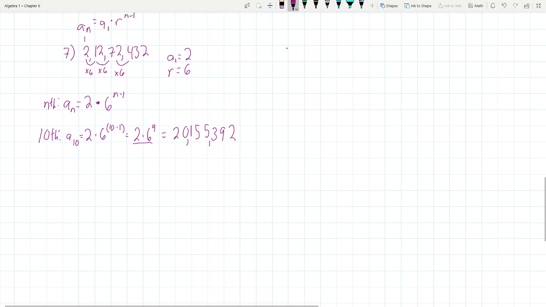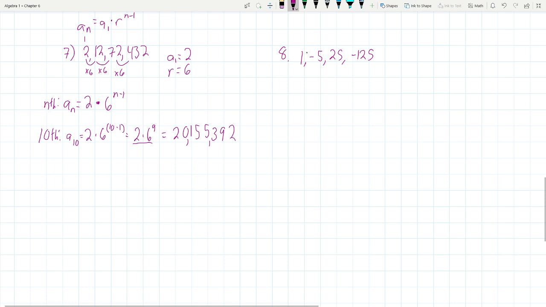All right, number 8. So if I go 1, -5, 25, and -125. We talked about this, I mentioned that it's alternating from negatives to positive, which is totally fine, as long as it's alternating.